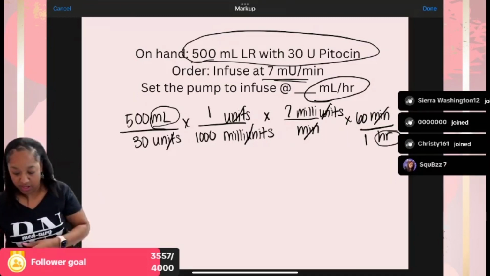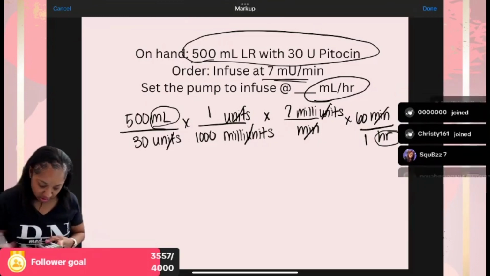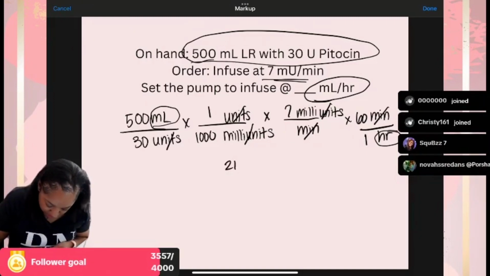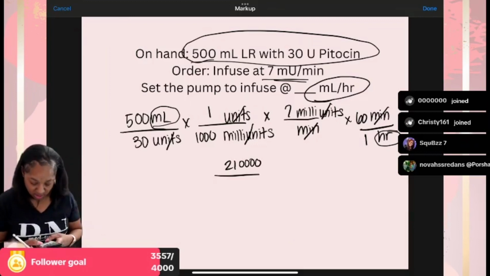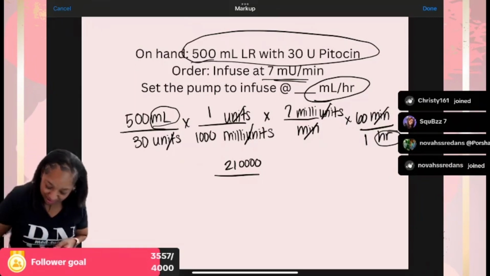Then you're going to multiply across the top. 500 times 7 times 60, and let's see, 1, 2, 3, 4 zeros. Oh, y'all don't beat me tonight. I can't wait. I think that's going to be so much fun.